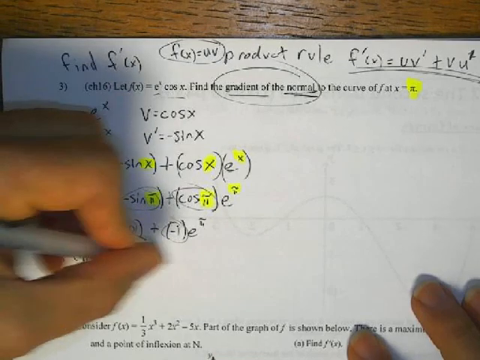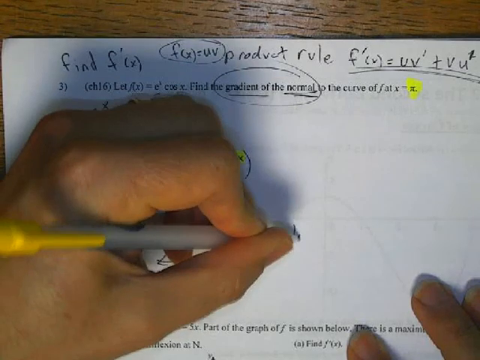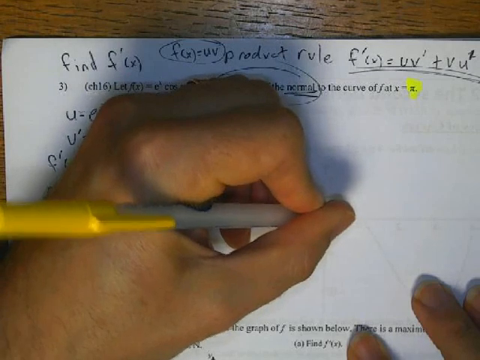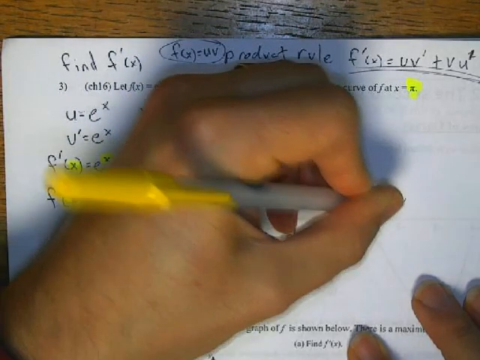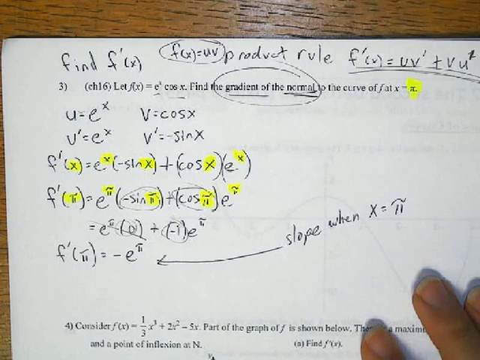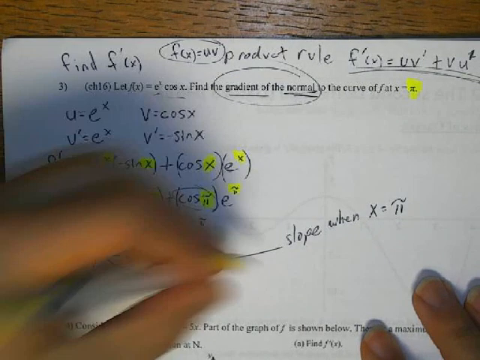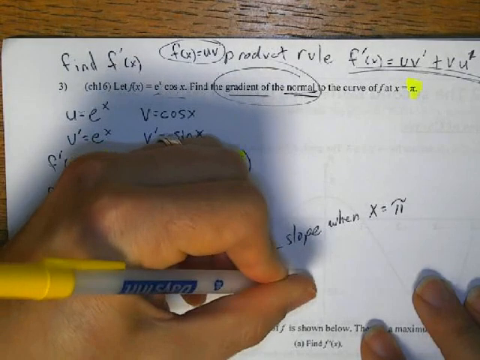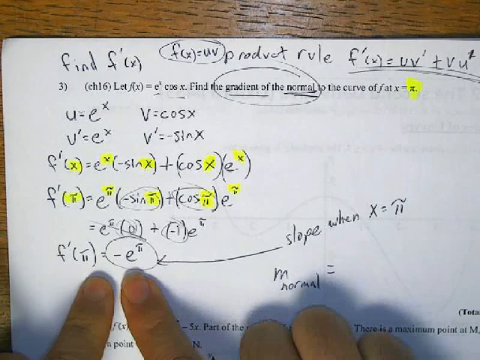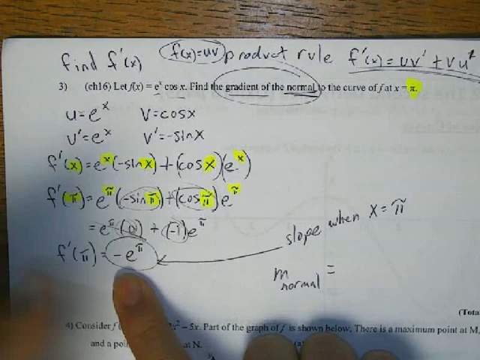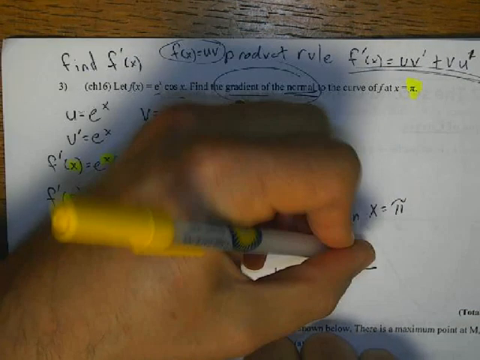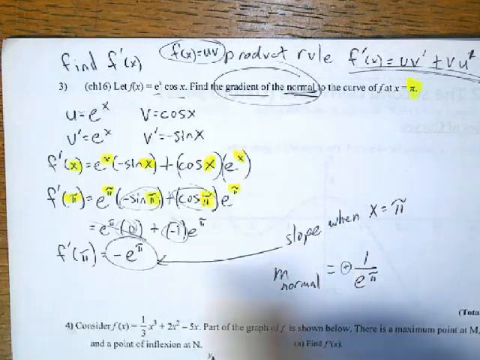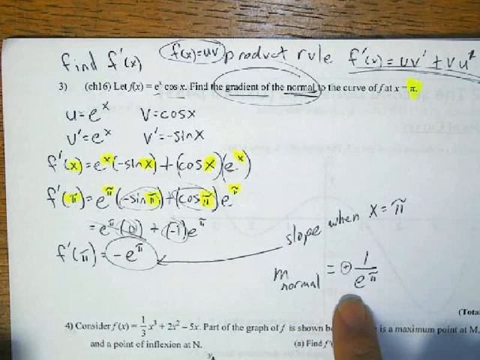So this is the slope when x equals pi. So that means the normal slope is going to be the opposite sign and the reciprocal. So it's going to be positive and 1 over this.